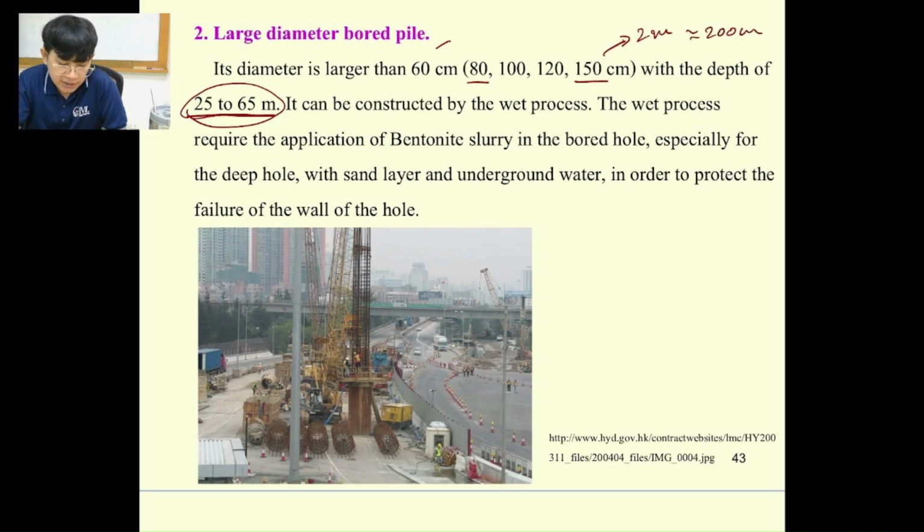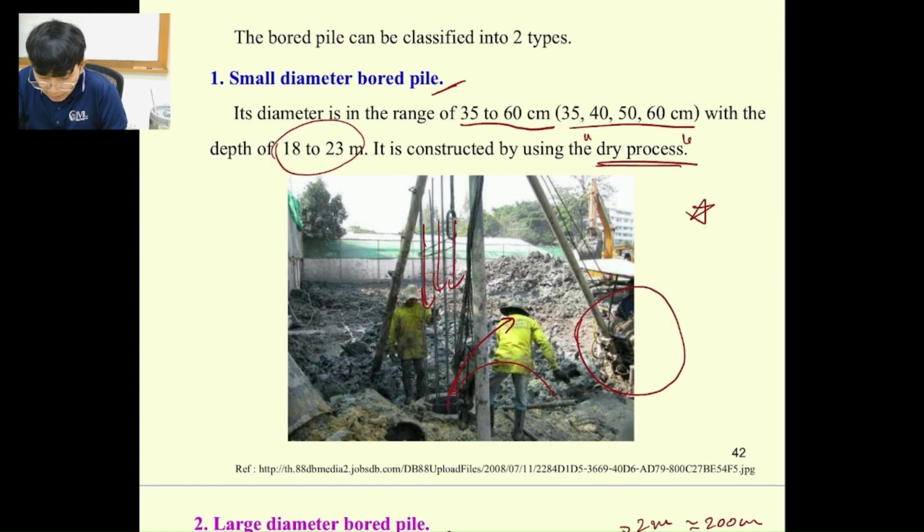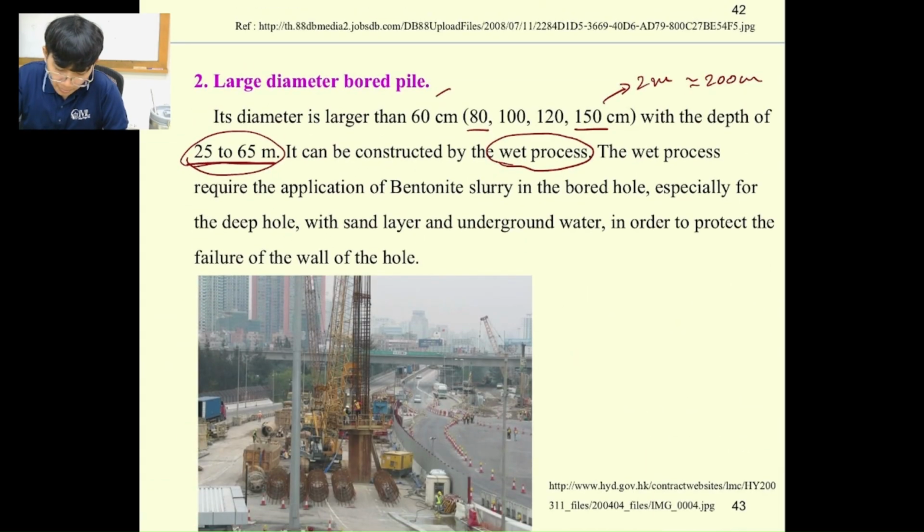For the large diameter bore pile, we use the process called wet process. For small diameters we use the dry process, and the wet process we use for the large diameter bore pile.